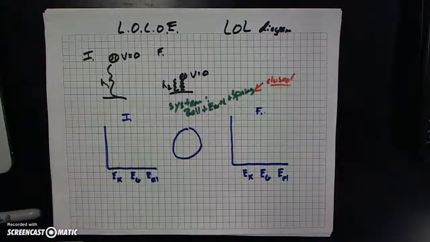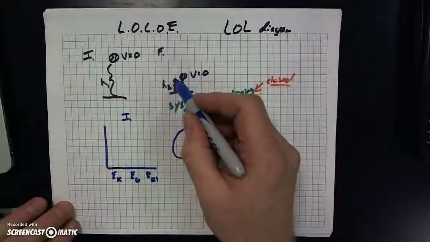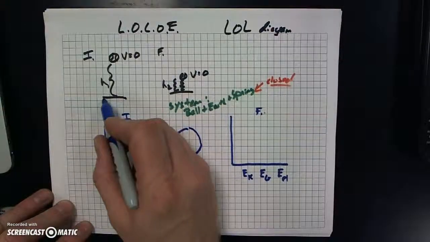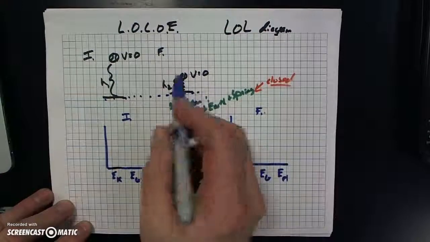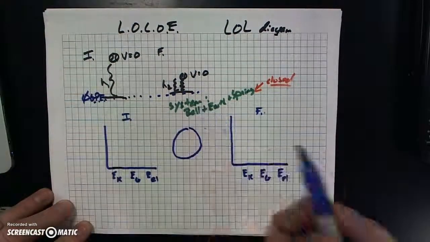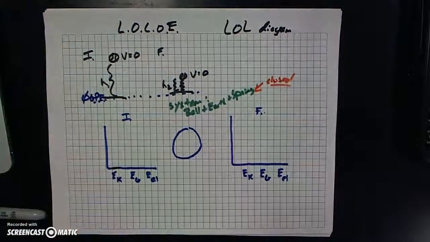Since I measured from the tabletop upward, this right here is the lowest the ball gets. But this elevation is our 0 GPE. It's our lowest level at which gravitational potential energy would exist. We can't conceivably go below that at this point.